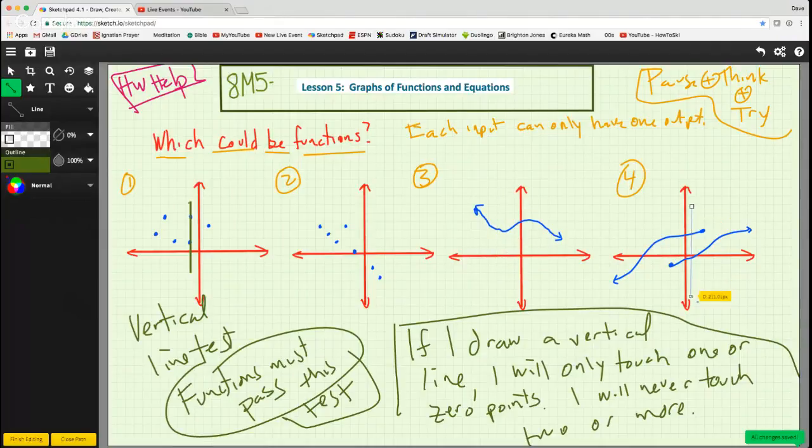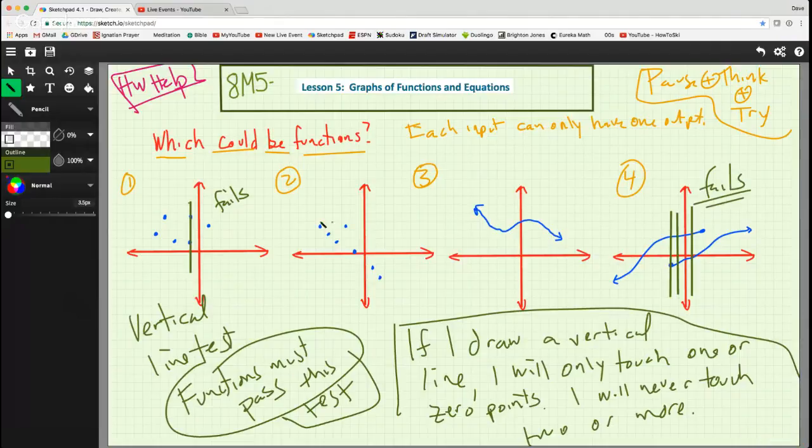But here, I can draw a vertical line and I can hit 2 points here. I can do it here. I can do it here. So, in other words, this fails. These ones fail. So these are not functions. And these ones are okay.